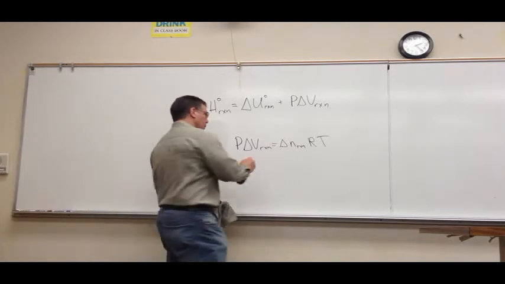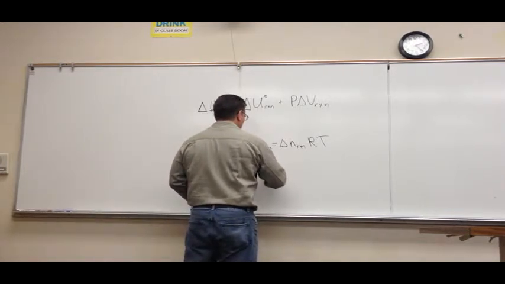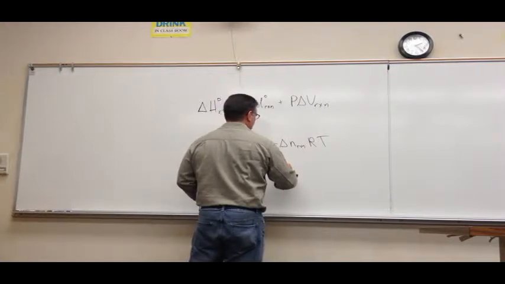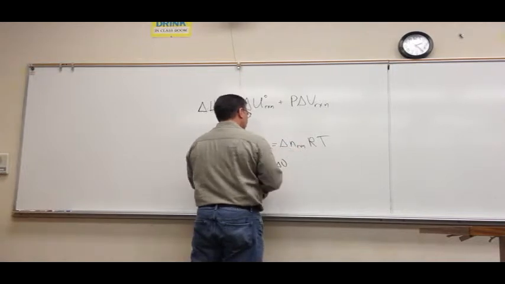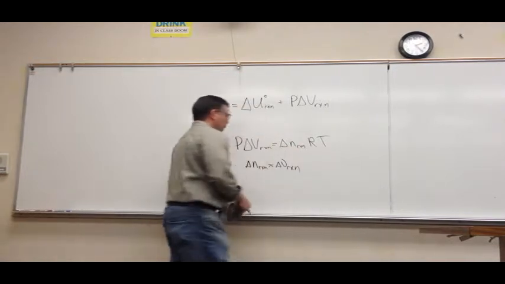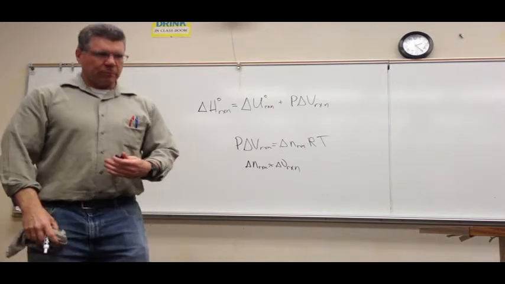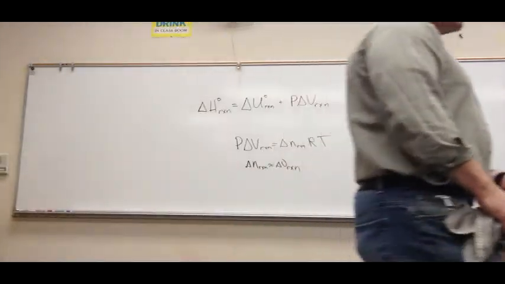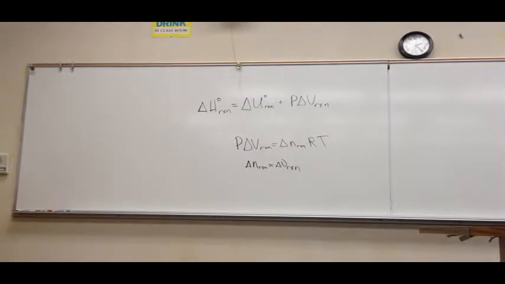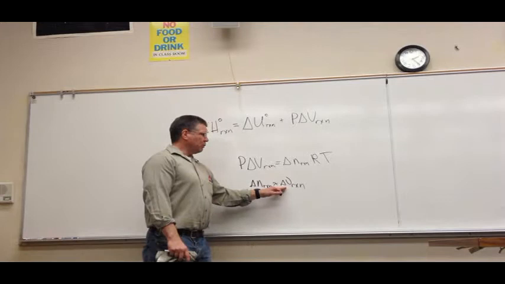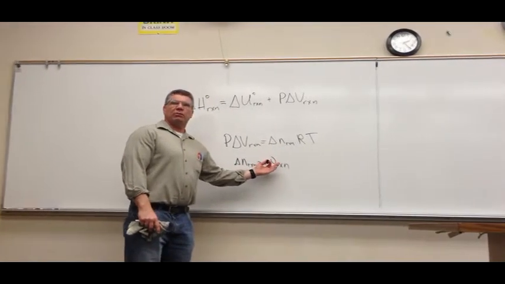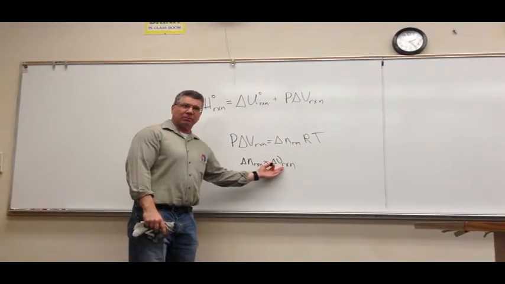Is that okay? And I showed you that because the volume of a liquid or solid changes negligibly compared to how much the volume of a gas would change, the delta n is basically the change in the coefficients of the gaseous species in the reaction.